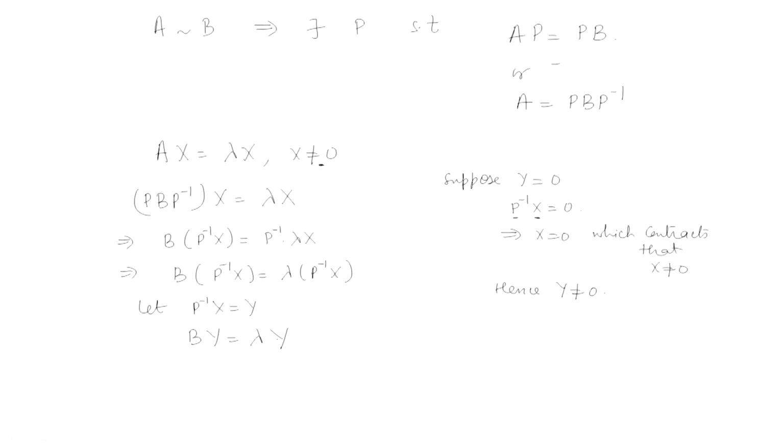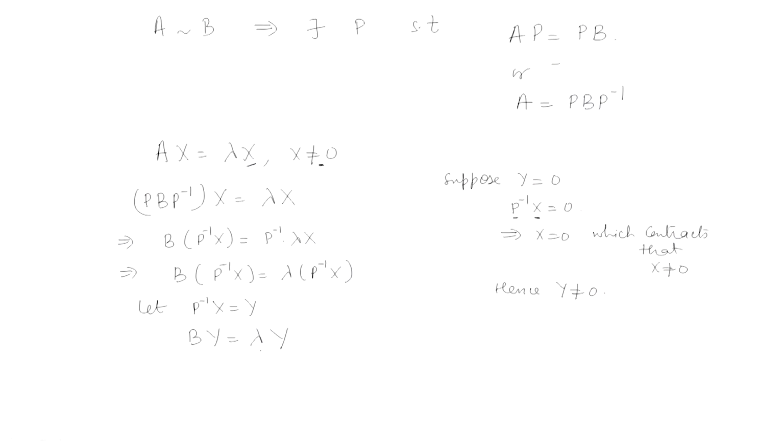Okay. So, we can say that similar matrices have the same eigenvalues. Of course, their eigenvectors may not be the same. If x is an eigenvector corresponding to lambda for A, then corresponding to lambda for B, the eigenvector is y, which is P inverse x.